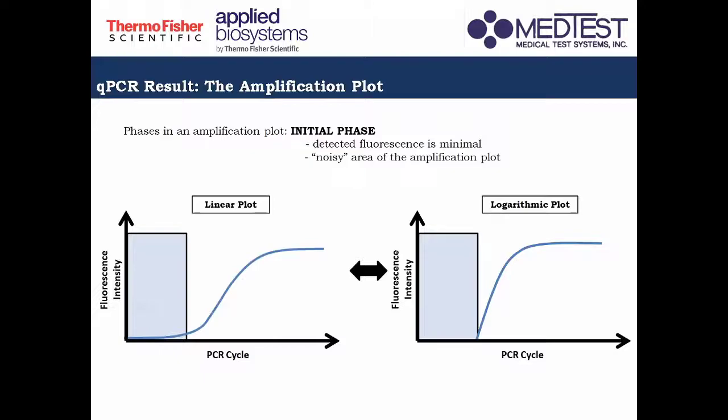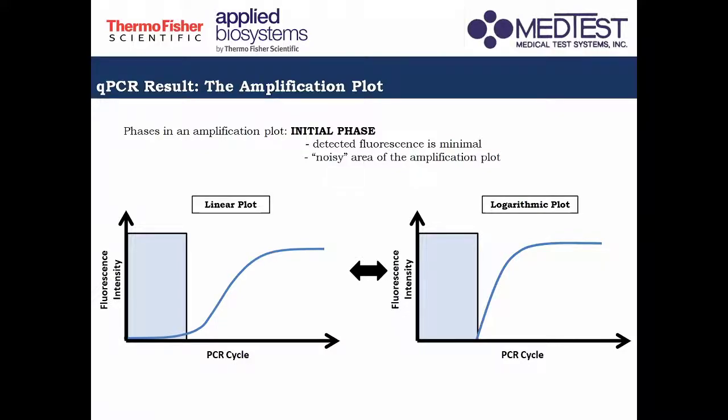So now in a qPCR result or in an amplification plot, meron po tayong tinatawag na phases in the plots, no? And this depicts the actual PCR run, no? So in the first phase of your PCR run, meron tayong tinatawag na initial phase. So ano ba yung initial phase?